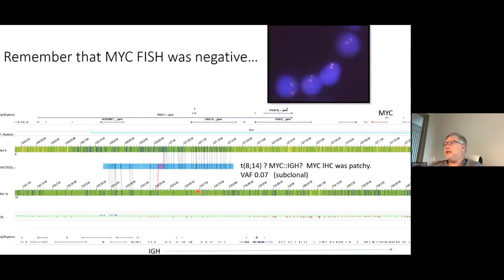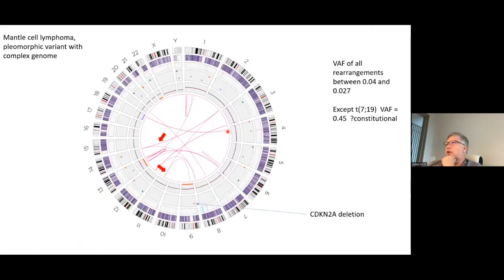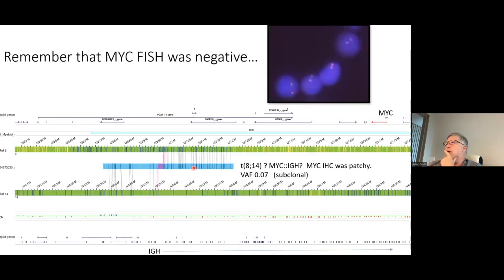Now, of course, it's not finished there, because remember that MYC was also negative, and there's the FISH to prove it. You will recall that there is in fact an 8;14 as well. So there's the 8, and there it goes right into 14. If we go back to that, this was really interesting.